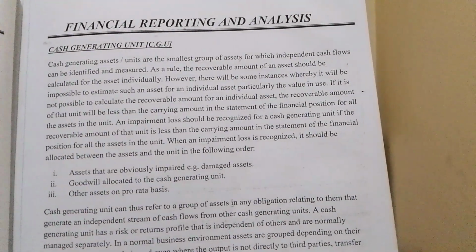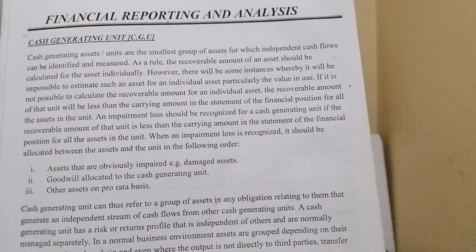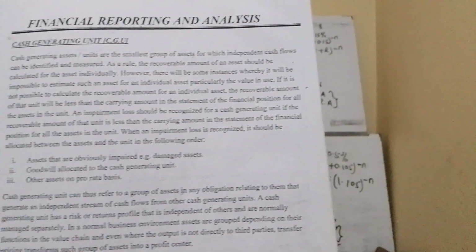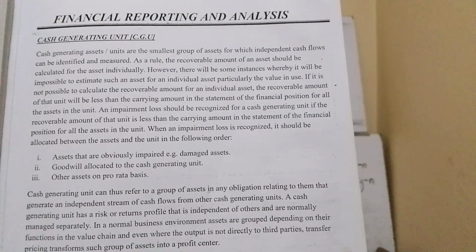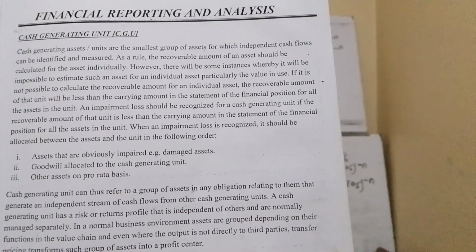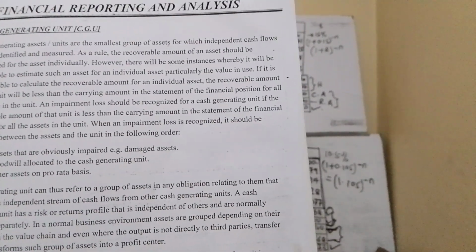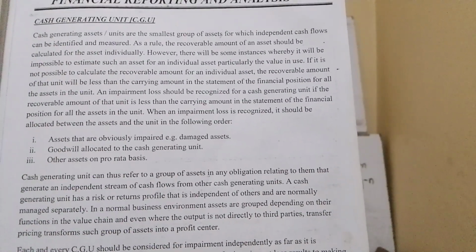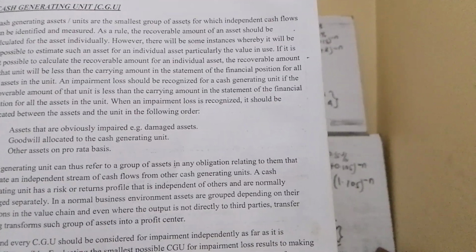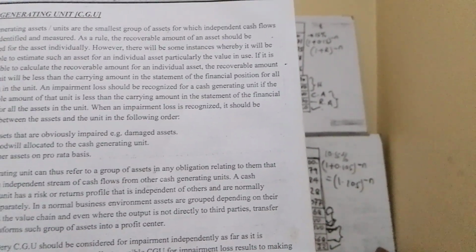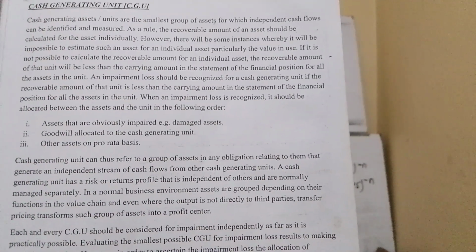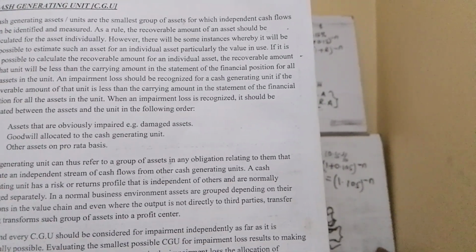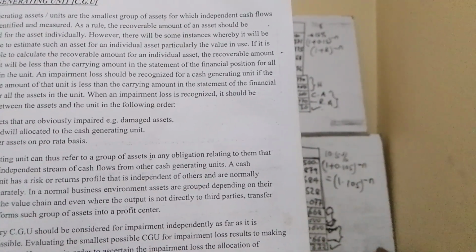Cash generating assets or units are the smallest group of assets for which independent cash flows can be identified and measured. As a rule, the recoverable amount of an asset should be calculated for the asset individually. However, there will be some instances where it will be impossible to estimate it for an individual asset, particularly the value in use.